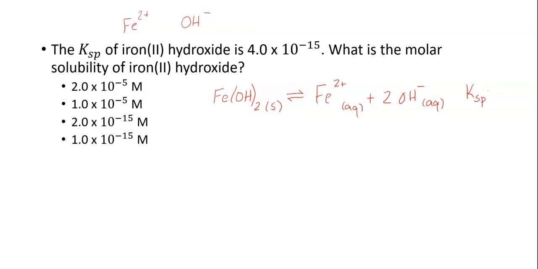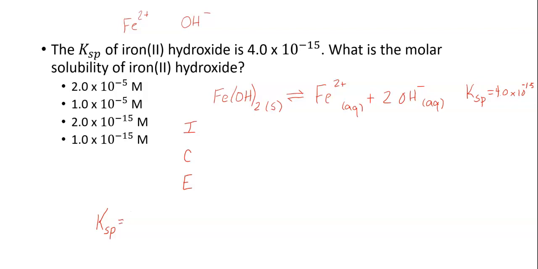And the KSP is 4 times 10 to the negative 15th. Okay. And if we do our ice table, actually, before I do my ice table, I'm going to write my KSP expression.